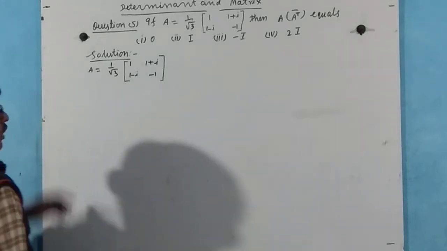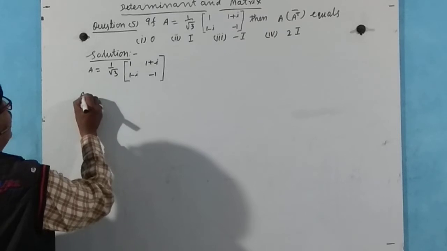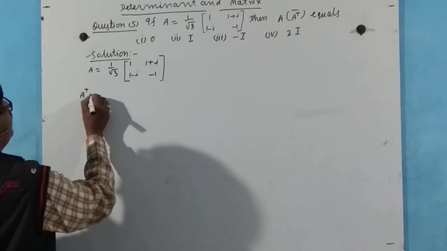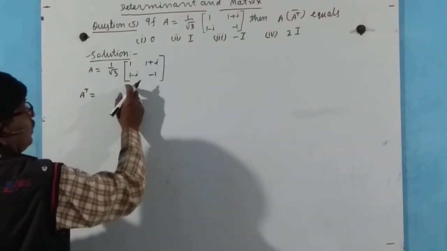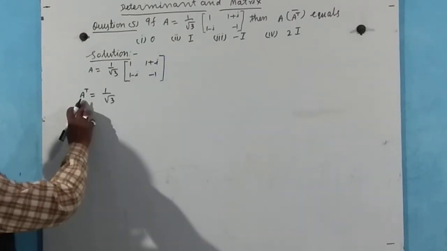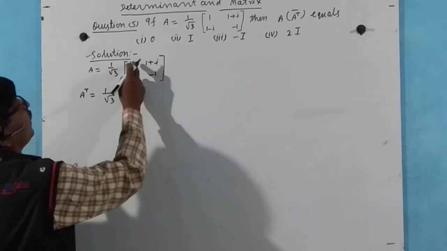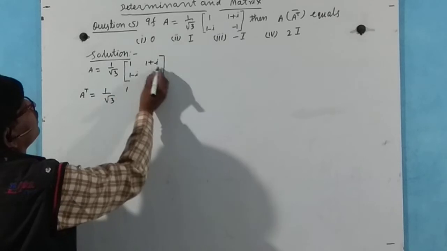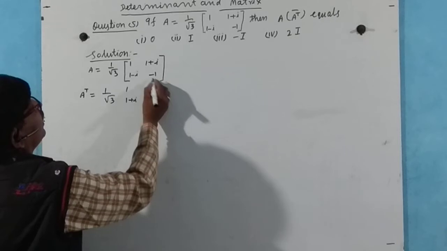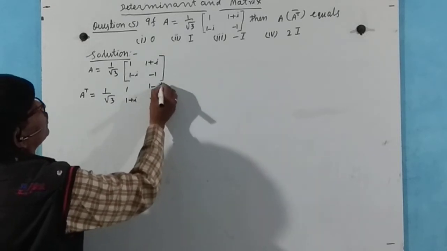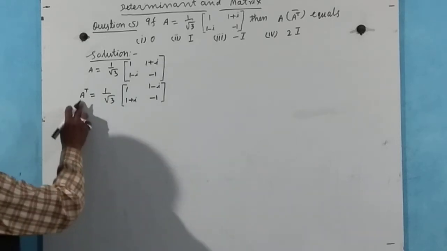Now here is the transpose of A. The transpose of matrix A: in this case the rows change into columns. So the transpose of matrix A equals 1 by root 3 with this row converted into the column: 1+i, 1-i, and -1.